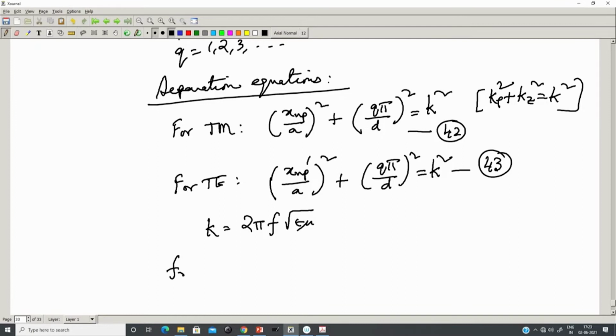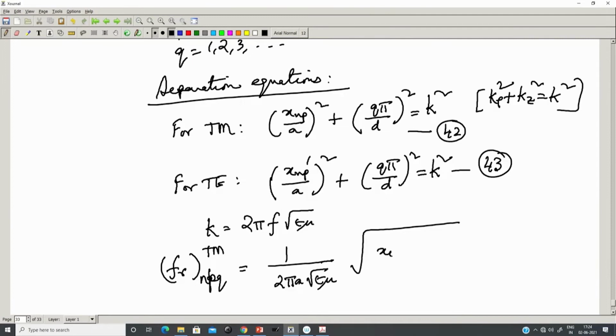So, f r, the resonant frequency of the cavity corresponding to the n p q TM mode, is given by 1 by twice pi a root of epsilon mu, root of x n p square plus q pi a by d whole square. We call this equation 44.